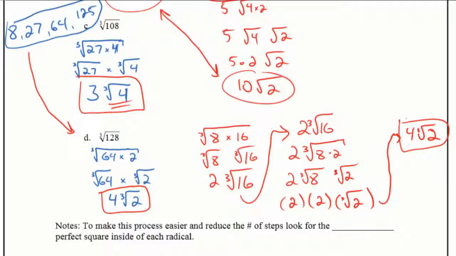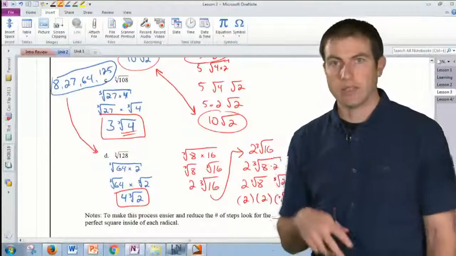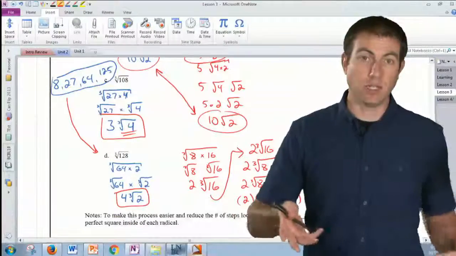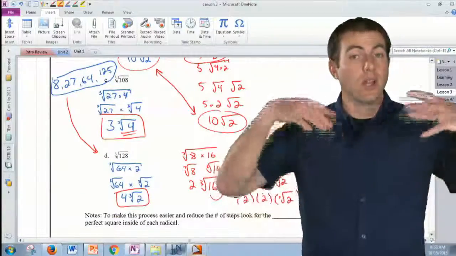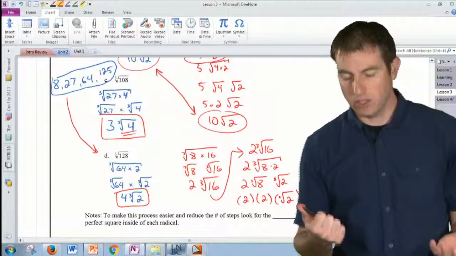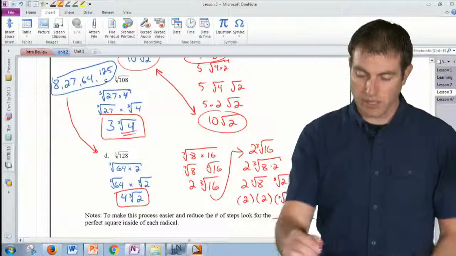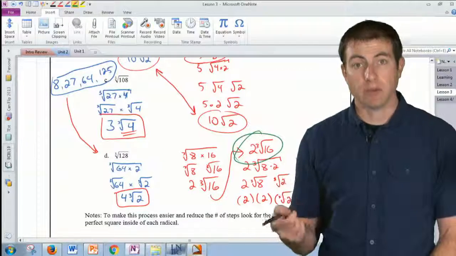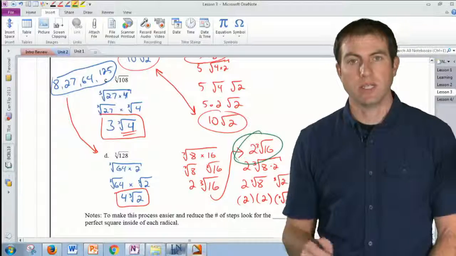So if you go through these questions and you pull out a perfect square, you pull out a perfect cube, and you didn't pull out the largest perfect square or perfect cube, it's fine. You get to your answer, and you just need to recognize that there is a perfect cube that goes into that still.